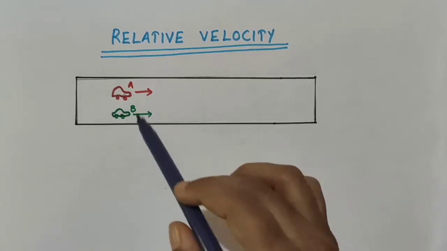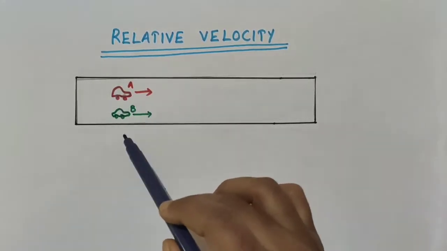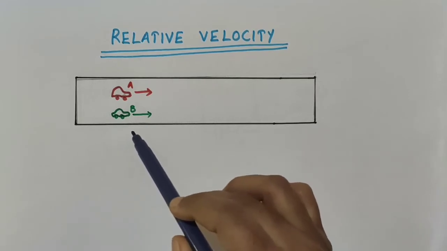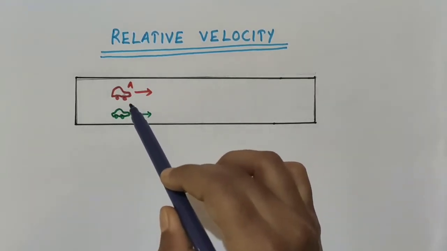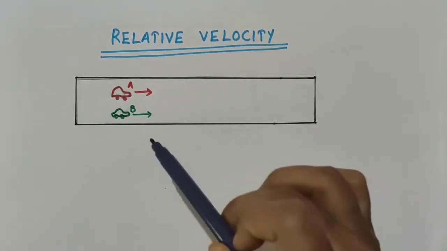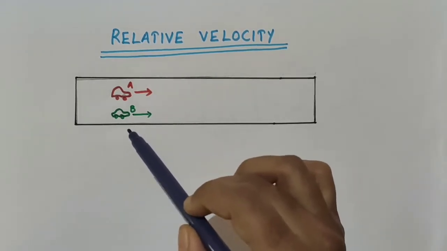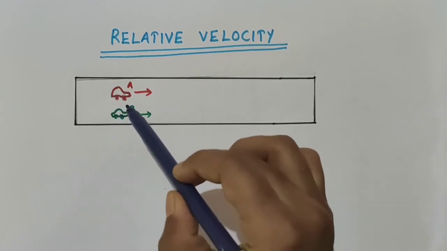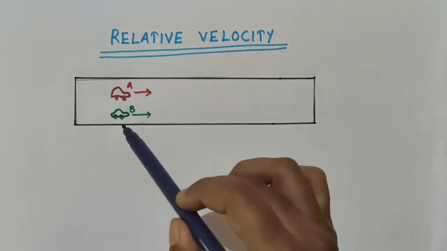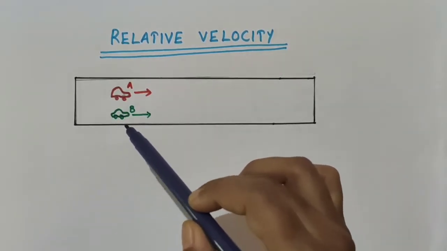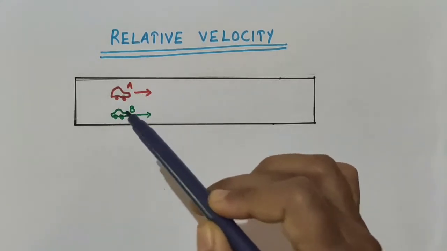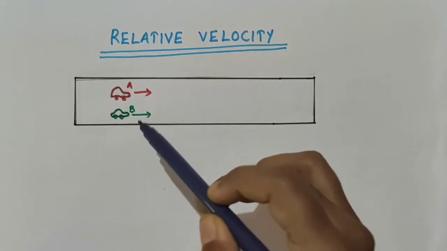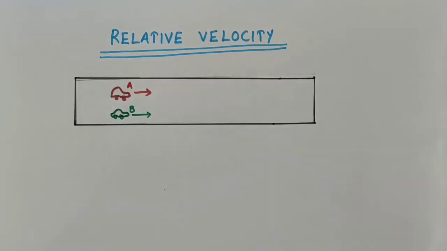Now, to overtake your car A, the car B must be traveling faster than the car A. Though car B travels faster than your car A to overtake it, it does seem slower to you than it would be to someone standing on the ground and watching both the cars.